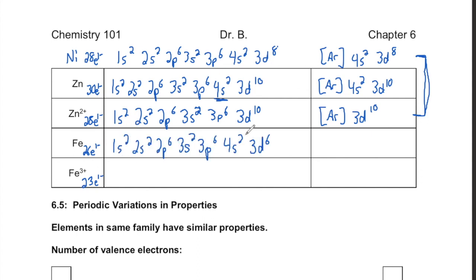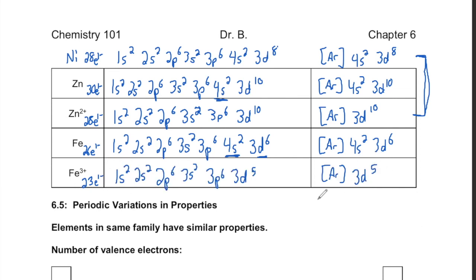So once we get to 4s2, those 2 bring it up to 20. It has 6 left to go into the 3d orbital. All right, to make an iron 3 ion with 23 electrons, we have to lose 3 electrons. We're going to lose these outermost 4s electrons first, those 2, and then we're going to pick on the 3d, which is the next in line.